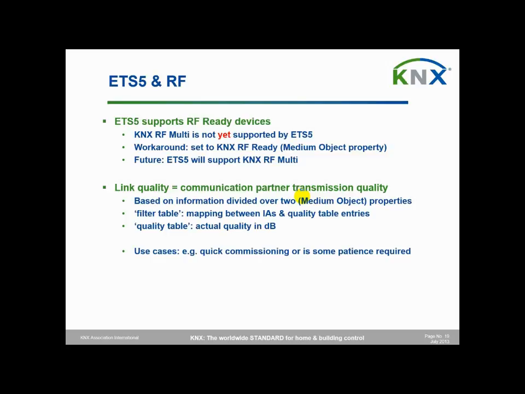One of the typical use cases is for ETS, to know whether quick commissioning is possible or whether some patience is required. The higher the quality, the faster ETS can commission the device. That will assure an effective communication, because there's no point in trying to speed up.